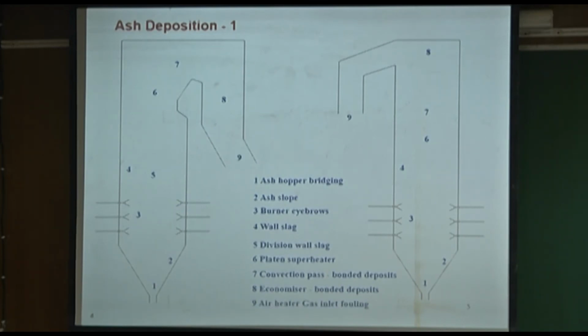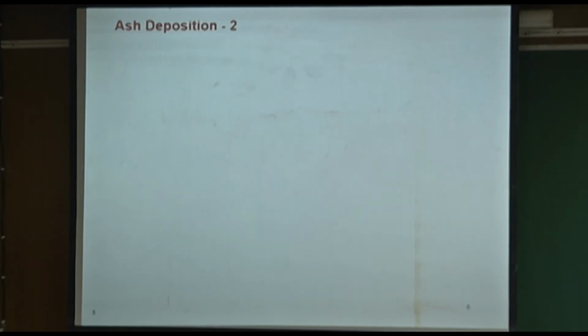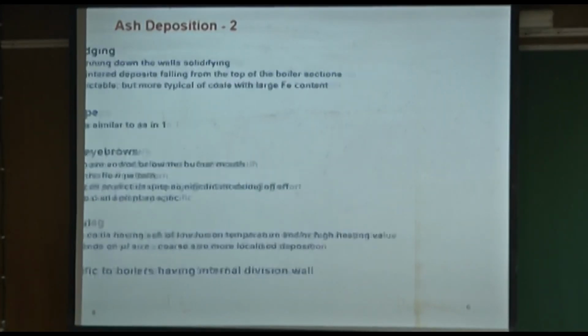And then finally at the outlet, the air heater inlet, the cooled gas, there also fouling can happen, because these are all caused by the fly ash. We are not talking about the char anymore. There may be a little bit of unburnt carbon in it, but that's not the purpose of the discussion. So these are the predominant areas.